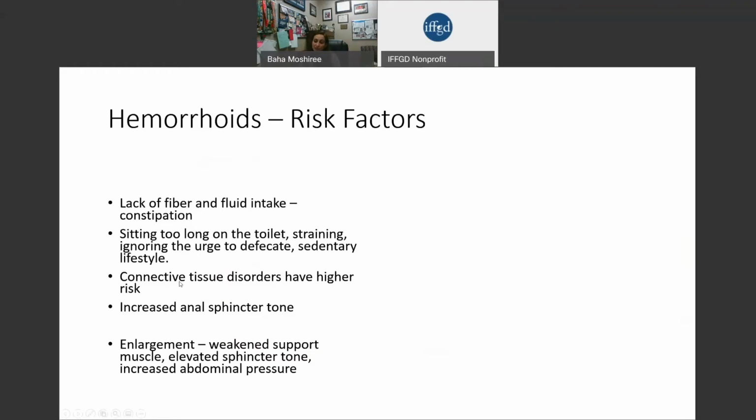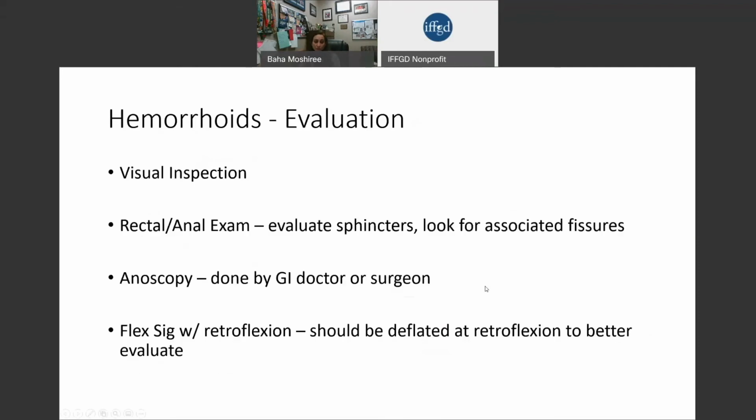Patients who have connective tissue diseases like scleroderma, lupus, Ehlers-Danlos have increased risk of hemorrhoids. Any condition that increases the rectal tone, like anxiety, can also cause it. The enlargement usually happens because of the weakened muscle and the elevated sphincter tone, and then an increase in abdominal pressure.